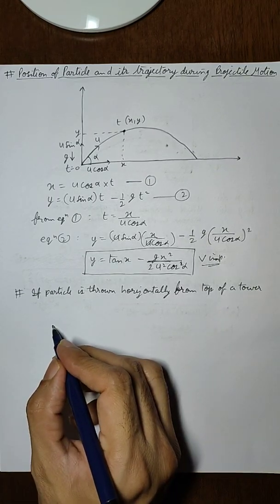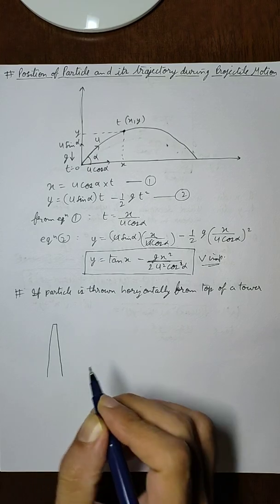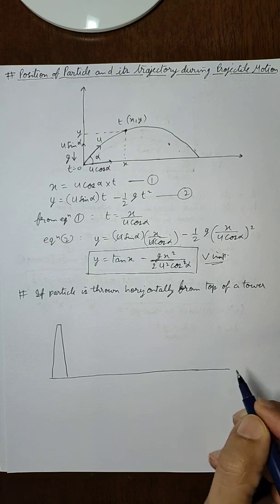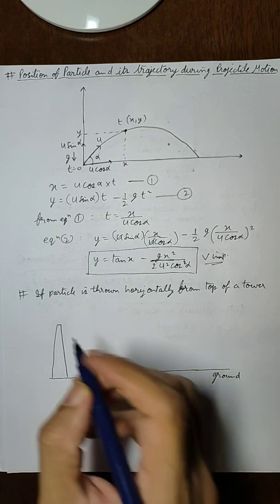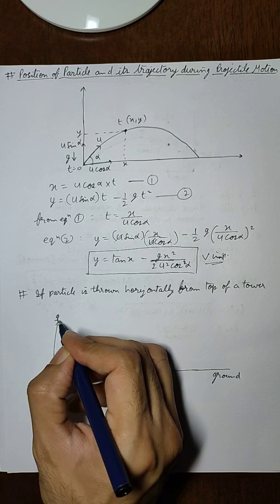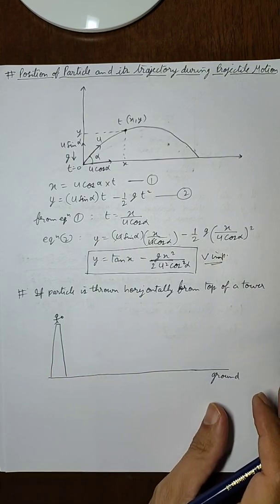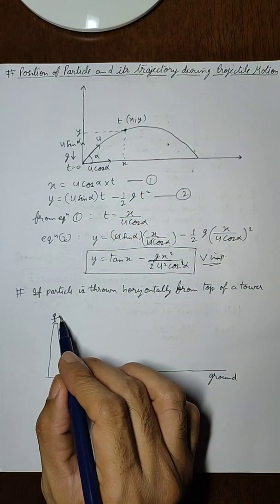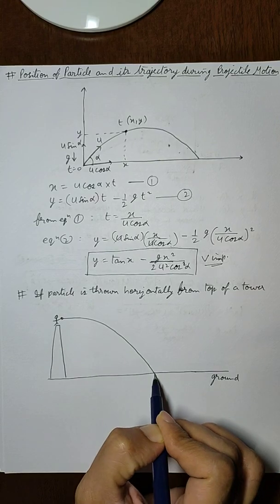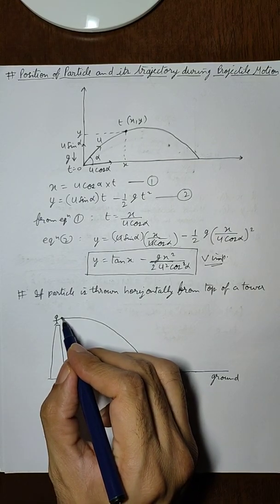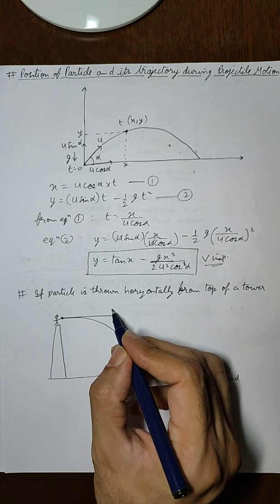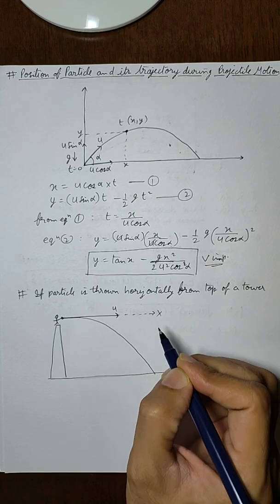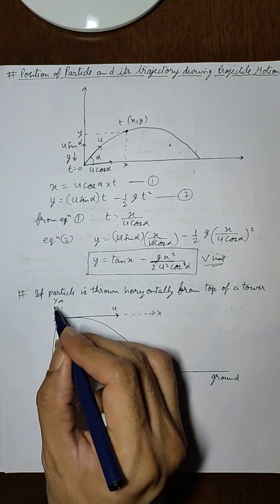So in that case, let us say that this is a tower and a particle is thrown from here in the horizontal direction. The particle is not thrown like this, it is thrown in the horizontal direction. So it will go something like this. Now as it is thrown in the horizontal direction only, that means the entire initial velocity will be in the horizontal direction. This can be taken as the direction x and this can be taken as direction y.